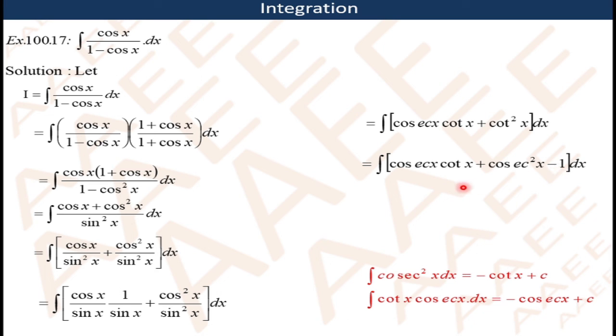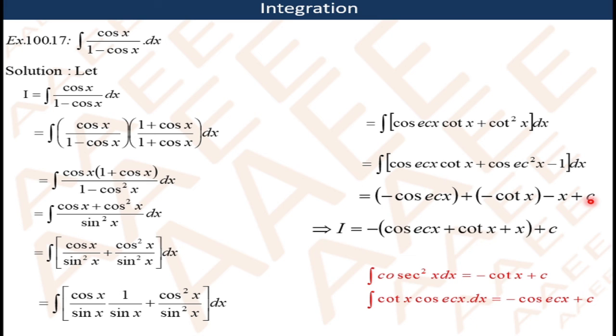And now you can integrate it. The integration of cosec of x into cot of x is minus cosec of x, and of cosec square x is minus cot of x. Integration of 1 is x, that is minus x, and constant of integration c. It is the required answer. So I is equal to minus cosec of x minus cot of x minus x plus c.